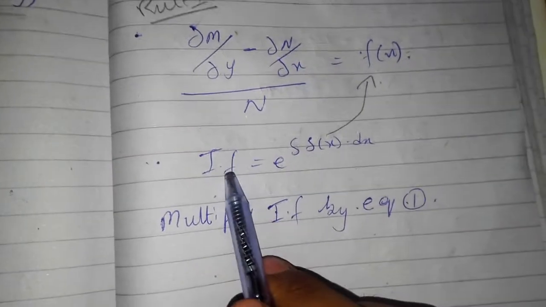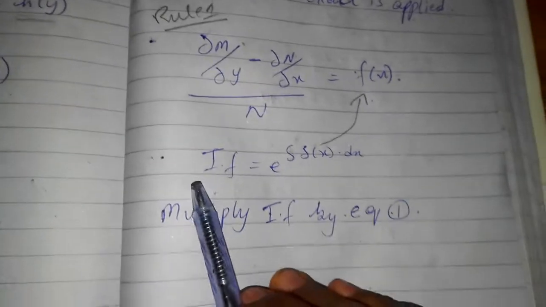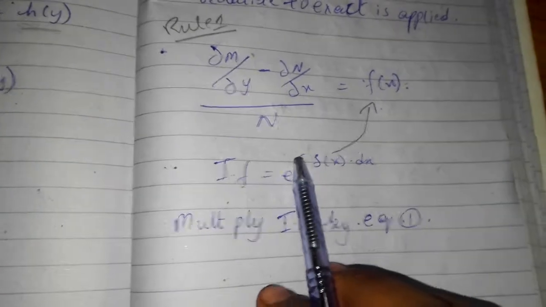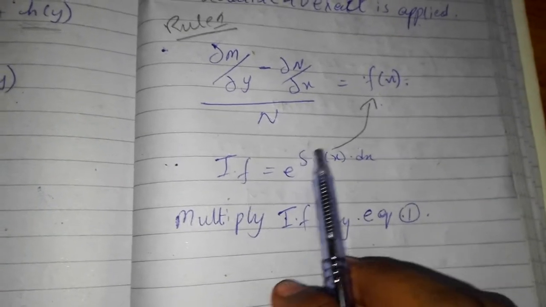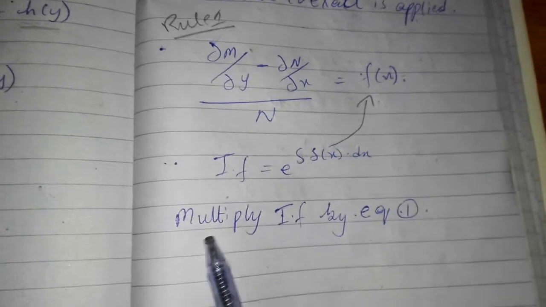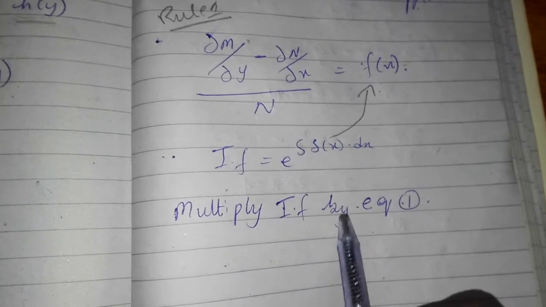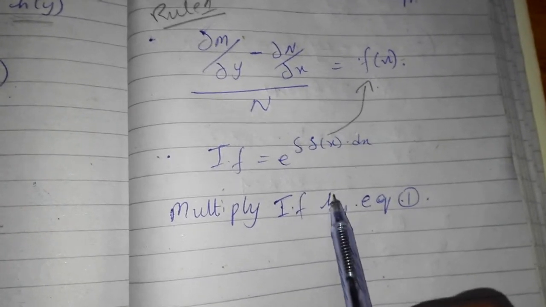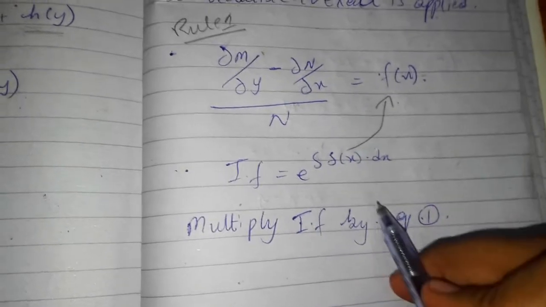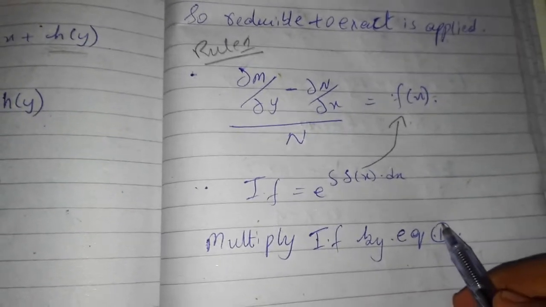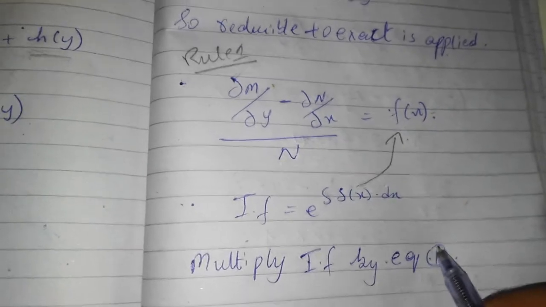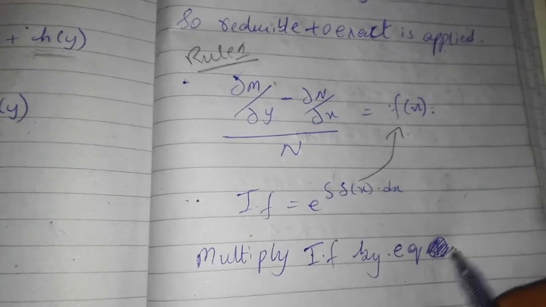The integrating factor would be e to the power integral of f(x) dx. Multiply the integrating factor by the equation that is given to you.